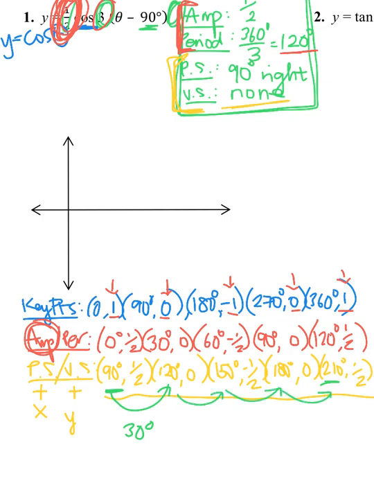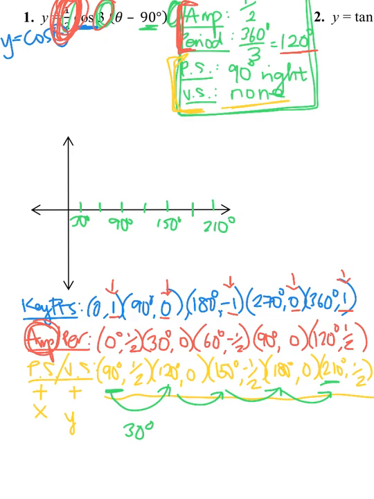So I'm going to make my marks worth 30. So 30, 60, 90. This is 120, 150, 180, and this is 210.